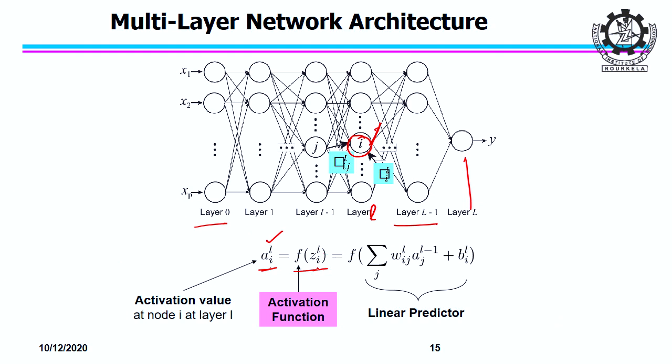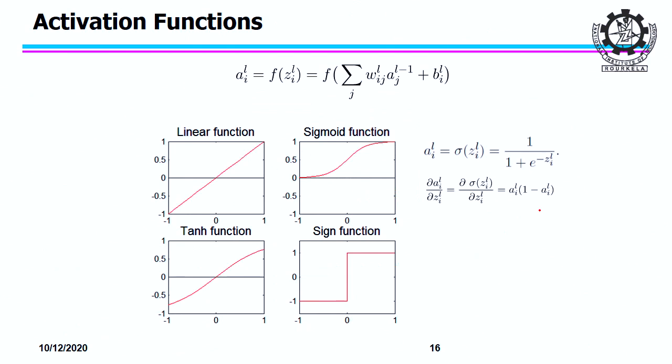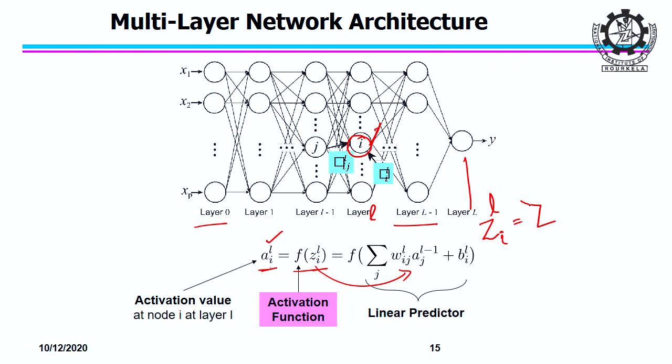What is Z_i^L? Z_i at the level L is nothing but the summation over all the nodes here, through this link, this link, and so on. These nodes are written as A_j, in the previous layer, that is L minus 1.